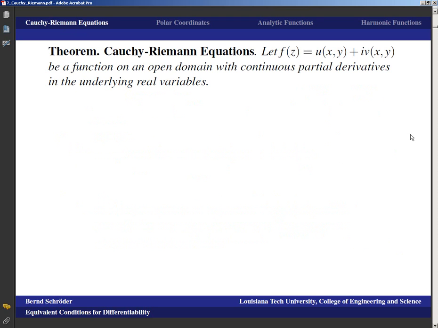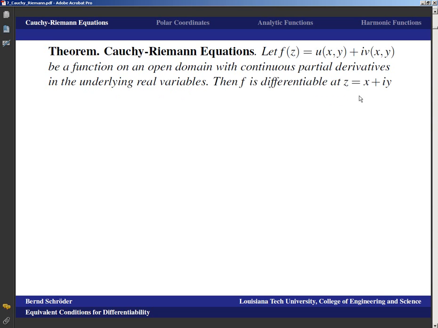Okay, so what's the theorem? What are the Cauchy Riemann equations? We let f of z be u plus iv of z, and then z is of course x plus iy, so we have f of z as the complex function. If we view this in real variable terms, then it's u of x plus iy plus i v of x plus iy, like we've talked about before, and let that be a function on an open domain, and it's supposed to have continuous partial derivatives in the real variables.